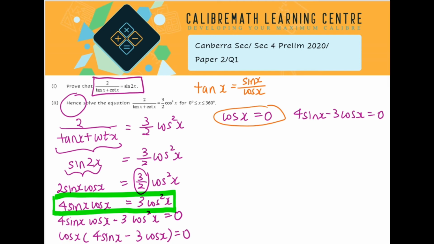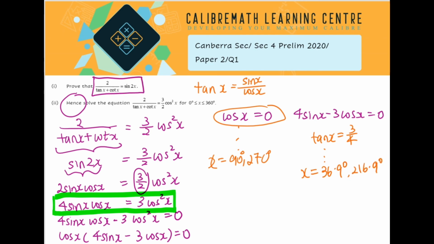If you continue from this part here, you will be able to solve for the basic angle and go on to identify the quadrants. Then you will be able to get the answers for x to be 90 degrees and 270 degrees. And then for the one on the right-hand side, as we have done previously, you will get tangent x equals 3/4, and then find the basic angle and identify the quadrants, and the answers you get for x will be 36.9 degrees and 216.9 degrees.